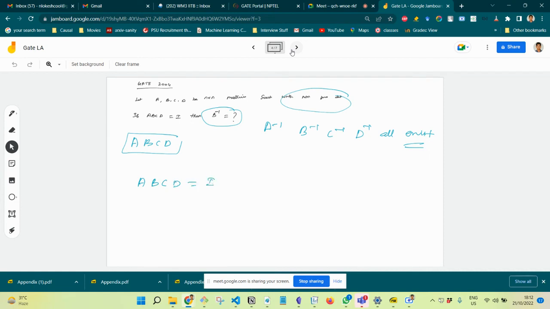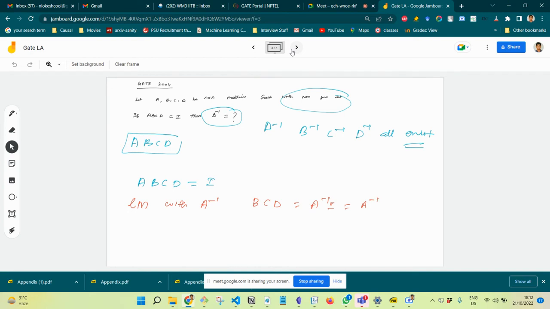The first thing I should do is keep B on one side and the remaining terms on the other side. Let's see how to obtain that. First, I will left multiply with A inverse. Once I do that, I get BCD equals A inverse I equals A inverse.